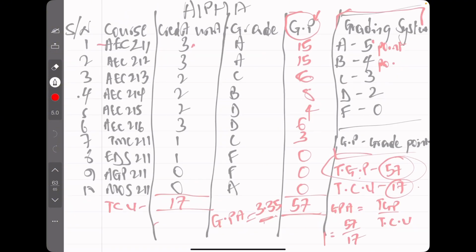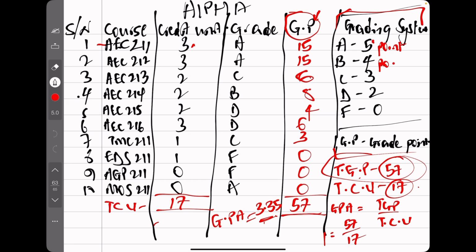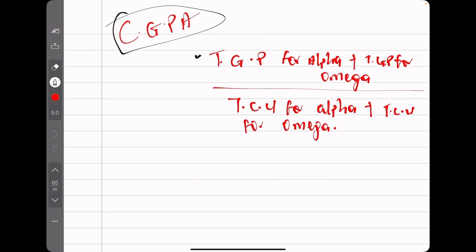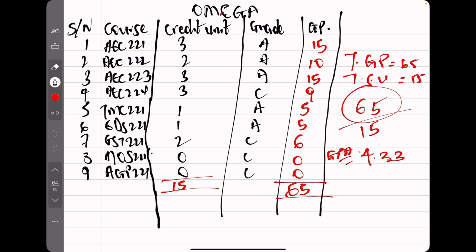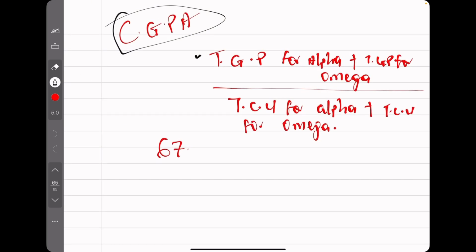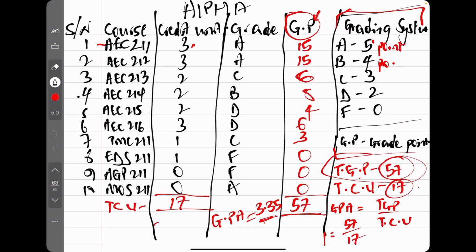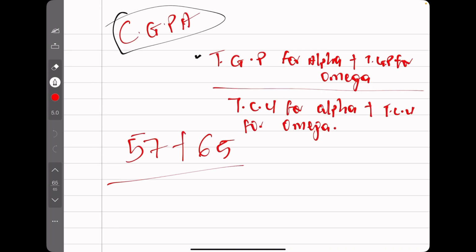And from here, total GP or total grade points for alpha semester was 57, omega was 65. So that's 57 plus 65 over total credit units, that's 17 in alpha and 15 in omega.